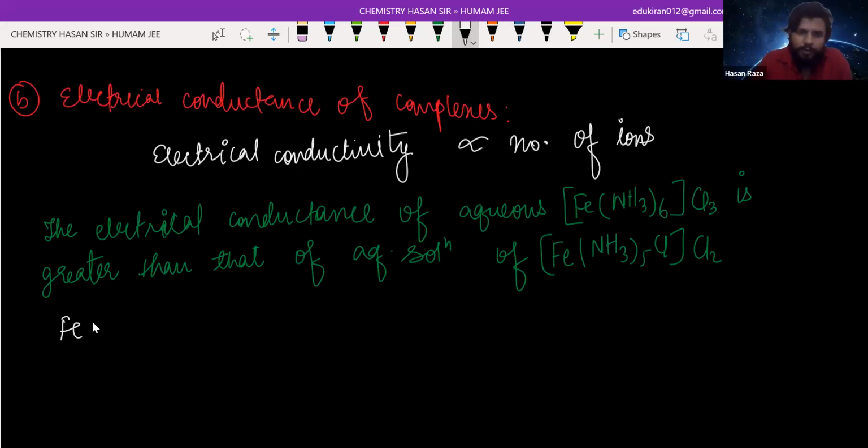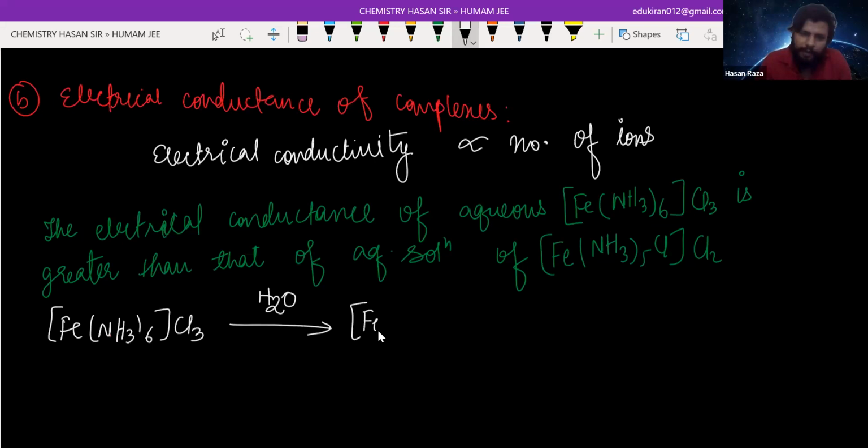So if you're going to put Fe(NH3)6Cl3 in water, you know what will happen. [Fe(NH3)6]3+ and here comes 3Cl-. Yes or no?